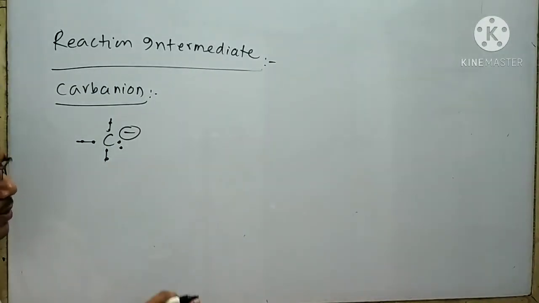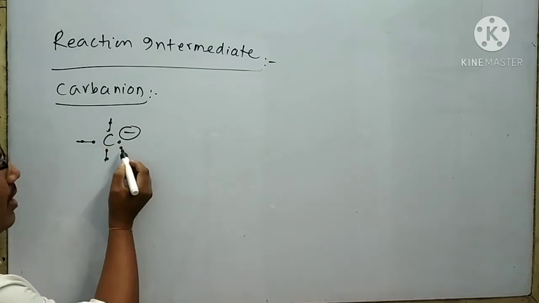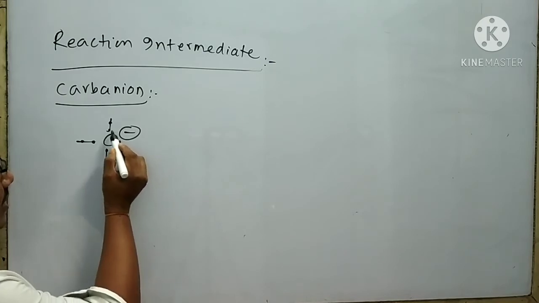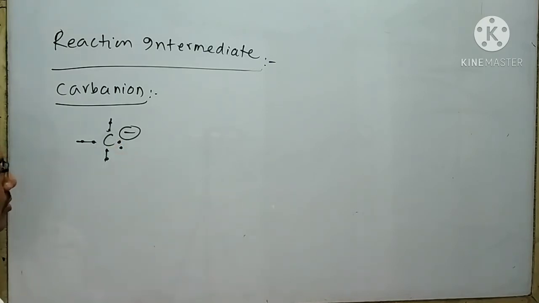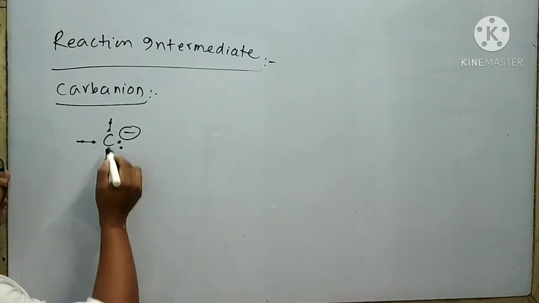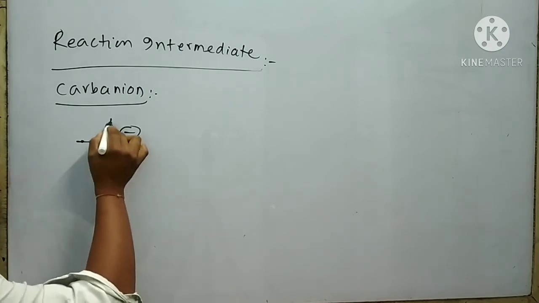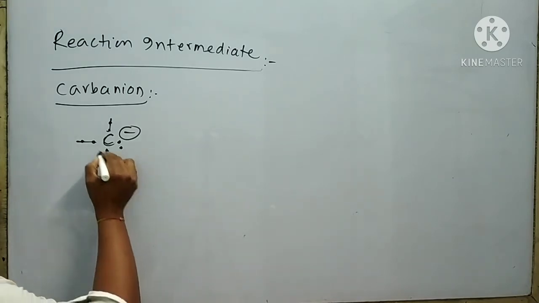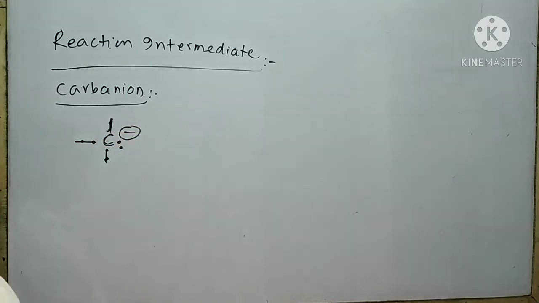So there are 5 electrons in the valence shell of the carbon atom: first, second, third, fourth, fifth. These 3 electrons are shared with other atoms for the formation of 3 single bonds. So there are 8 electrons present in the valence shell of carbon atom in a carbanion.